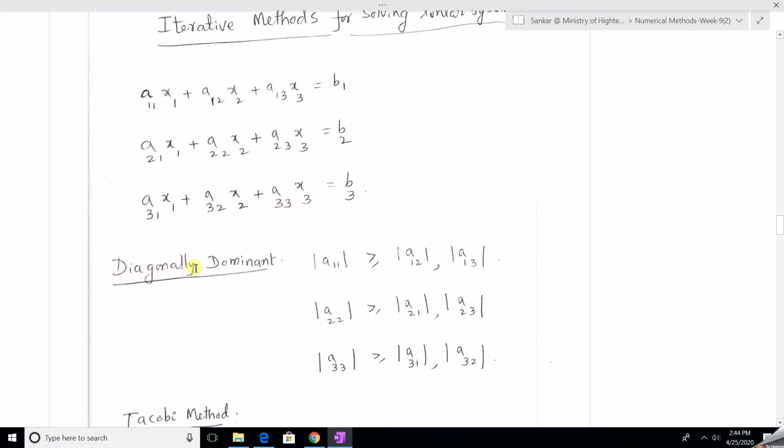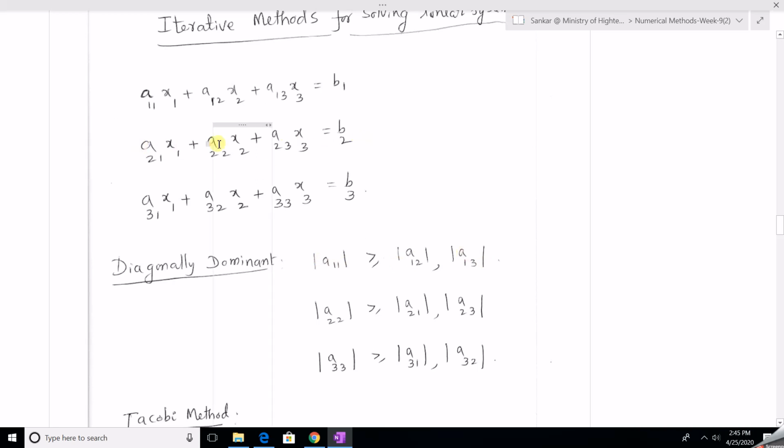So the definition of diagonally dominant is that the diagonal element in absolute value is greater than or equal to the other elements in the row, the coefficients. That means modulus of a11 is greater than or equal to modulus of a12 plus modulus of a13. That I have written here.